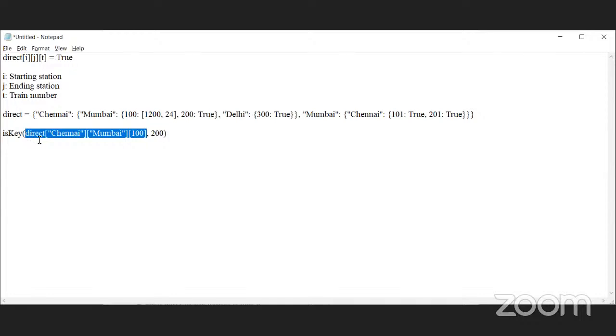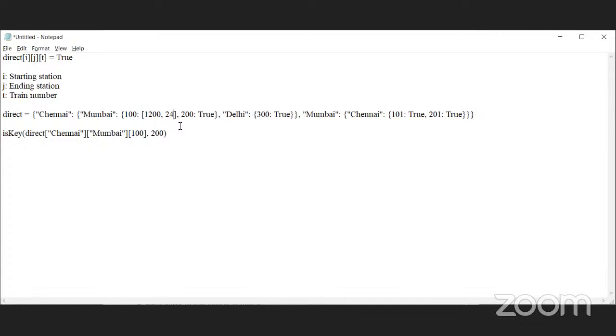So it will give you an error because your first parameter doesn't fulfill the requirements of this particular function. 100 is not a dictionary, that's why. No, not 100. This highlighted part is not a dictionary. What is the value of this highlighted part? It's a list. It's a value. It's this list. And you're not supposed to execute the is key function on a list. So it's an error.